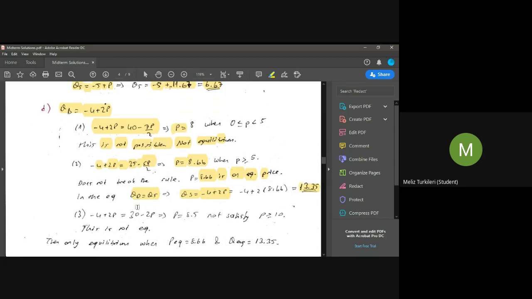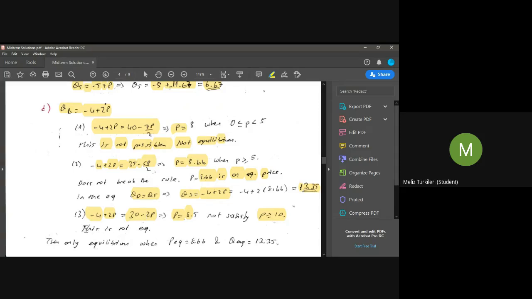Let's go on. We found the equilibrium, but you can also check whether there is any second equilibrium or not. We know that this is our supply equation, but for now we have the aggregate demand function as 30 minus 2p. If we do this math, we will find out that price should be equal to 8.5, but this does not satisfy the rule that we argued, that price should be higher than 10 to use this aggregate demand equation.